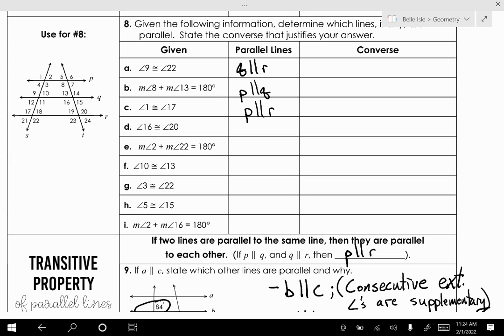Keep the notes, turn in the homework. So that was the next thing I was going to tell you: 2 and 16. Okay, just because they are supplementary does not actually tell us anything about those being parallel. So that one was the only other none.